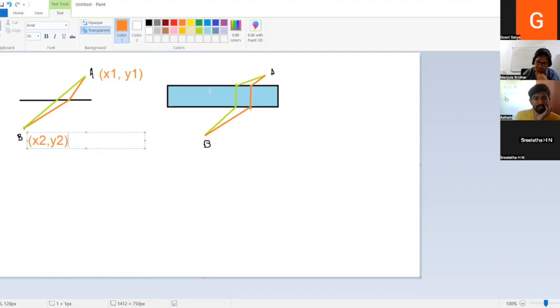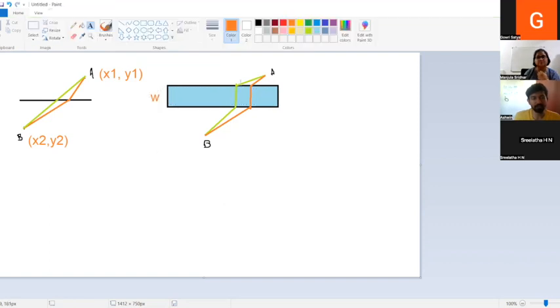And you can give some distance for this also. So say we are calling this width W. Now we will be able to give a formula for the length of any path.